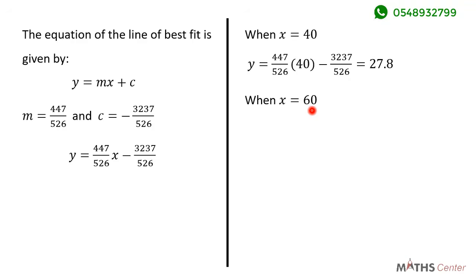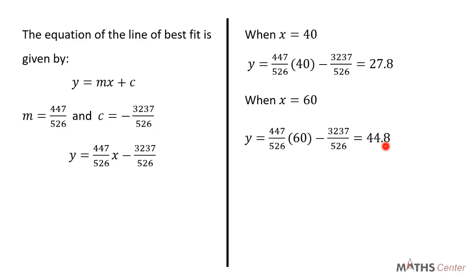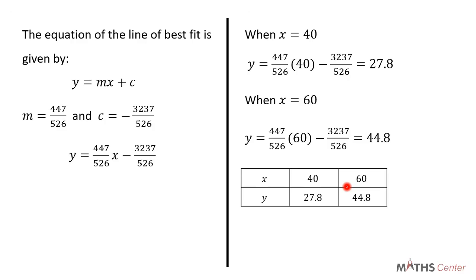I'm choosing x equal to 60. When x equal to 60, y will be equal to 447 divided by 526 times 60 minus 3237 divided by 526. And this gives us 44.8. So now I have 2 points that fall on the line. When x is 40, y is 27.8. And when x is 60, y is 44.8.